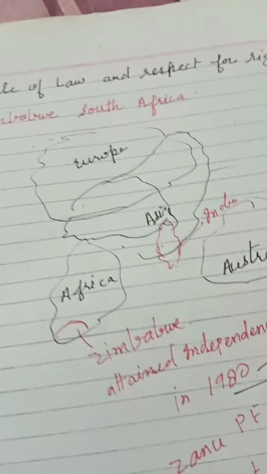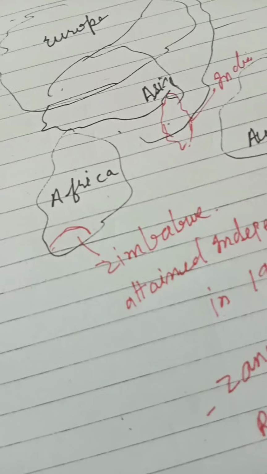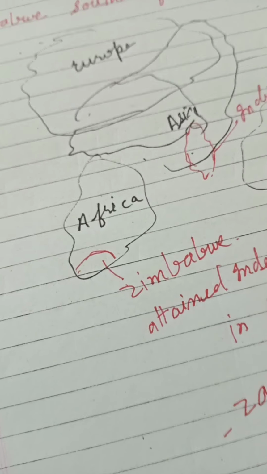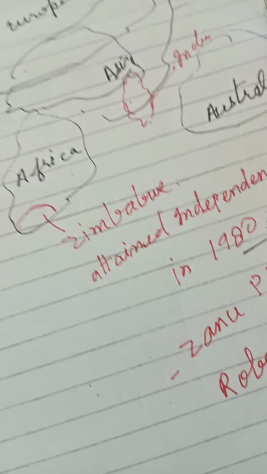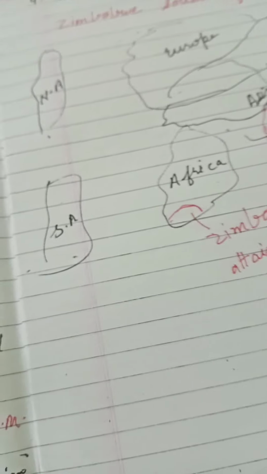So now you are able to see the clear difference between India and China, between China and Pakistan, between Mexico and Zimbabwe, like this.